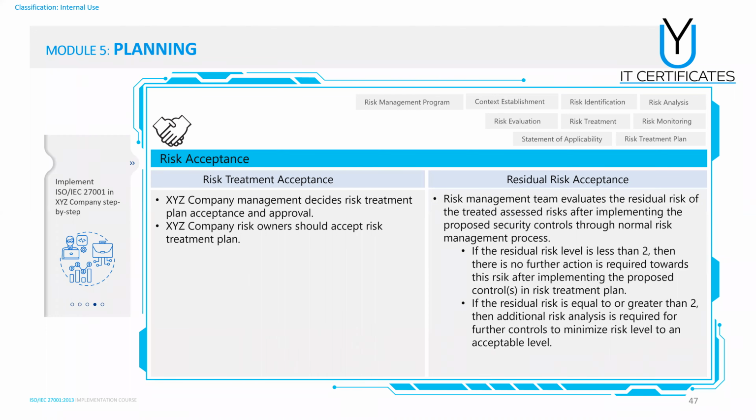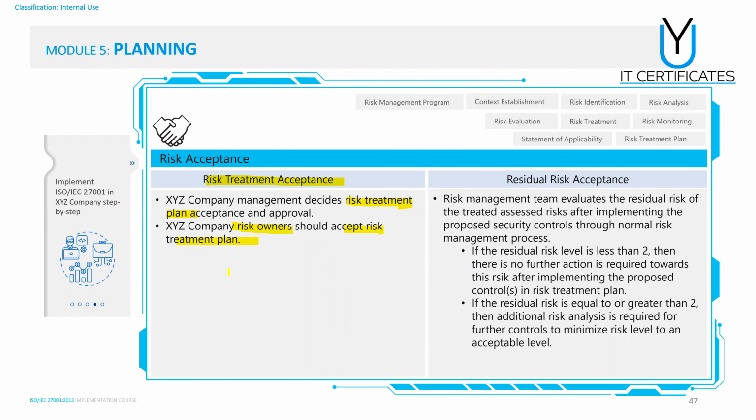Okay, for risk acceptance, management has to agree about the risk treatment plan. Management has to accept the risk treatment plan, and the risk owners also have to accept the treatment plan.